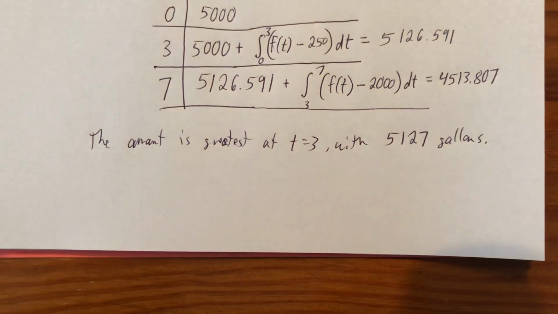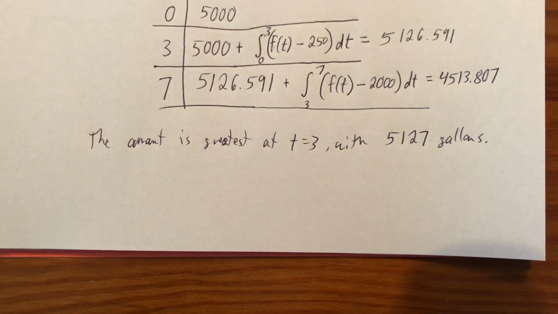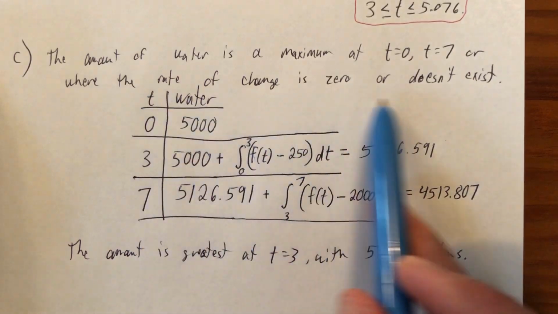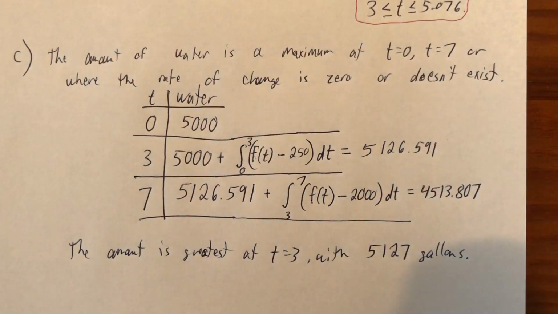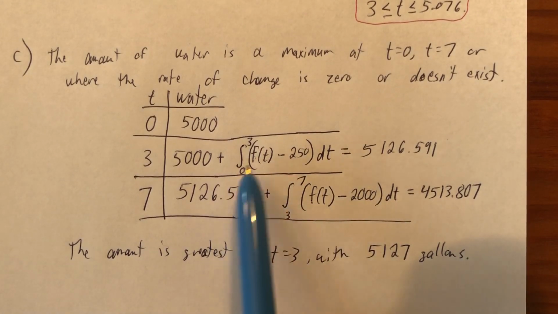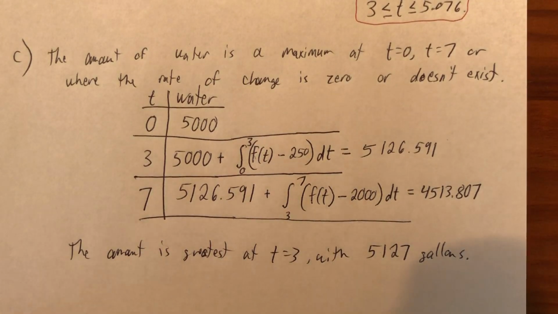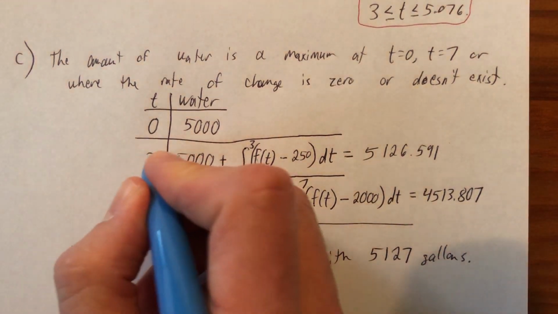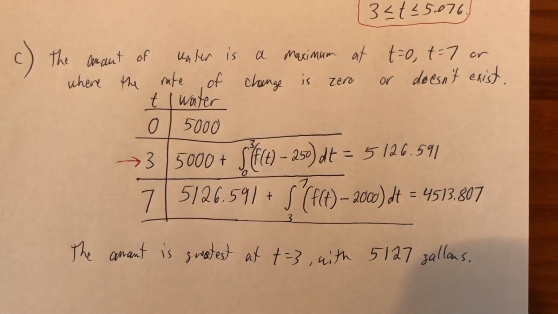And then they said justify your answer, and my justification, I believe, is here. So basically, they wanted to know, why did you pick these numbers? And how did you compute it? And that's built into the work that I showed. So here's what they were looking for. They wanted you to know that 3 was something that you looked for.